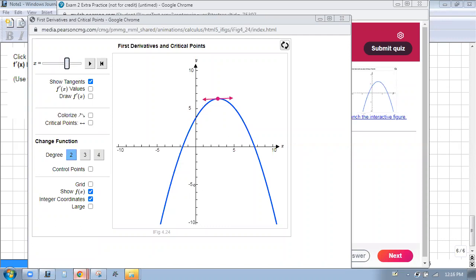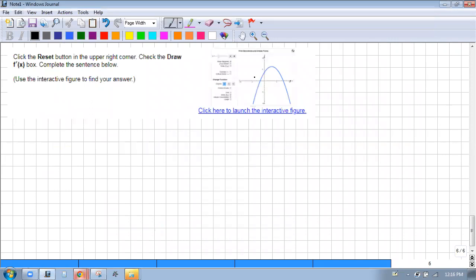Well, there is no graph of f prime here. This is the graph of f. The graph of f prime here says 0. When the graph is horizontal, that's where f prime of x is 0. That's the y value. Here's your x, there's your y.